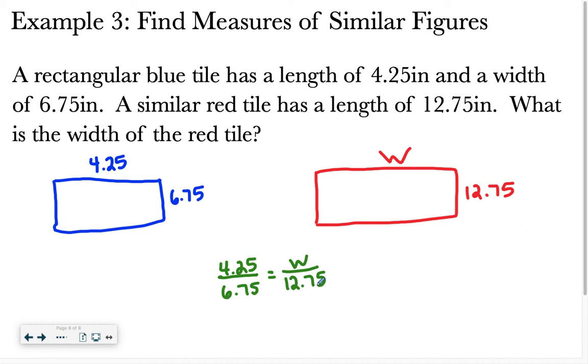That gives me 54.1875. I'm going to divide that by 6.75. I'm left with W equals 8.03 inches. Okay, I rounded to 2 decimal places because that's what the example did.